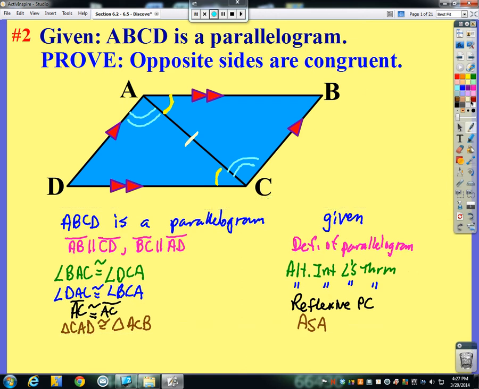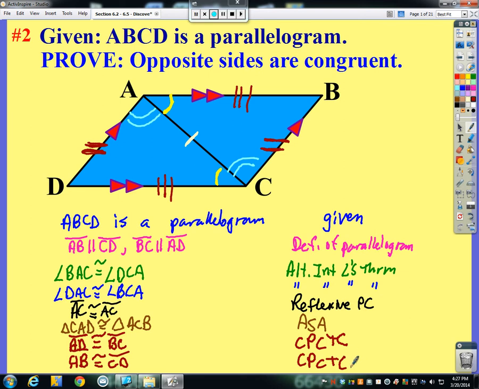And now I can state that AD, two markings, and BC are congruent. AD is congruent to BC because of CPCTC. And I also know, with 3 marks here, that AB and CD are congruent for the same reason, more CPCTC.